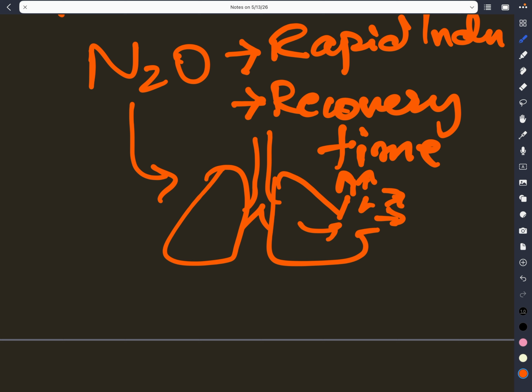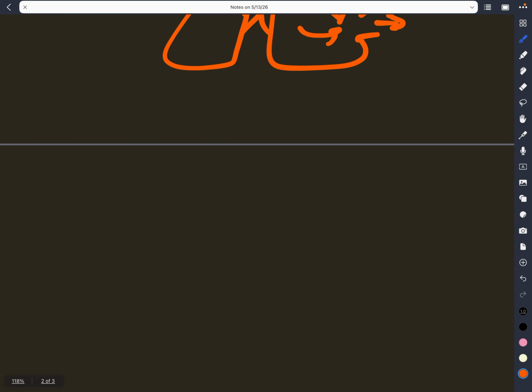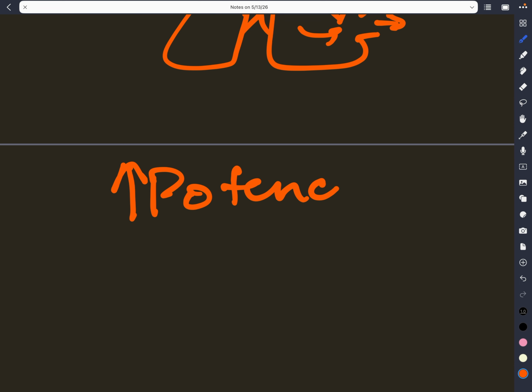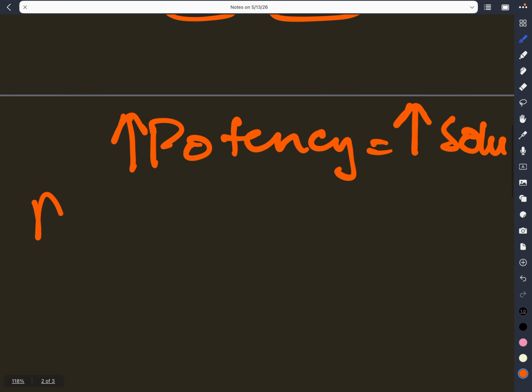Drugs with decreased solubility have rapid induction. However, drugs with increased solubility have increased potency, which means the drug remains in the blood for a long time. What is minimum alveolar concentration, MAC?